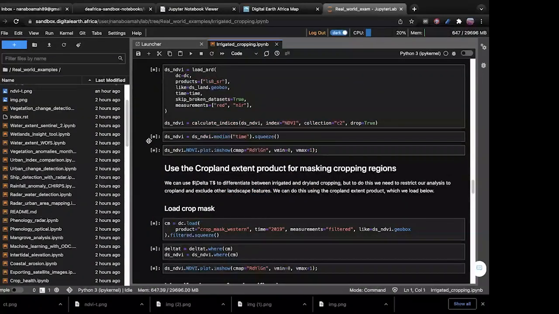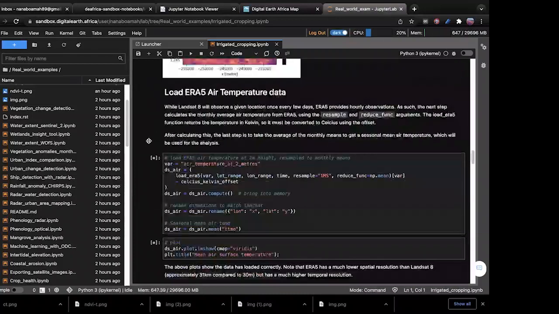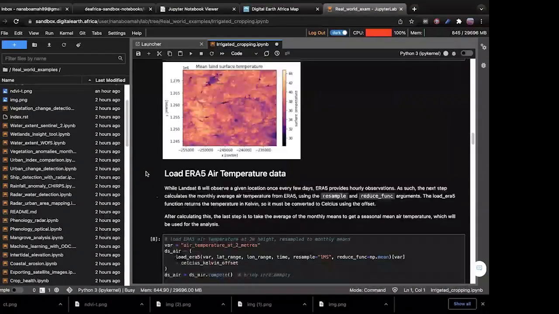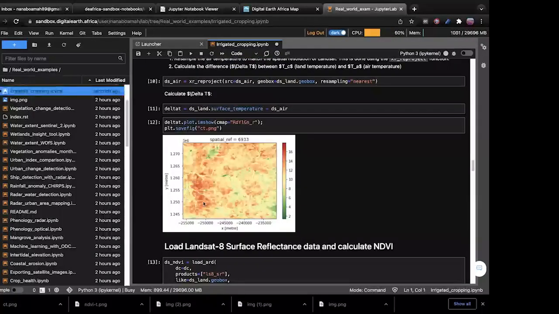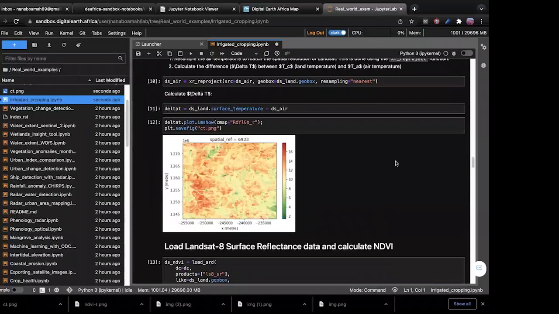This is the mean land surface temperature for the area of interest that we just ran. We also ran the delta T. As you can see, where we have the green areas, it's more of crop land, because the temperature of the crops is very low. That's why you are seeing the green areas there.